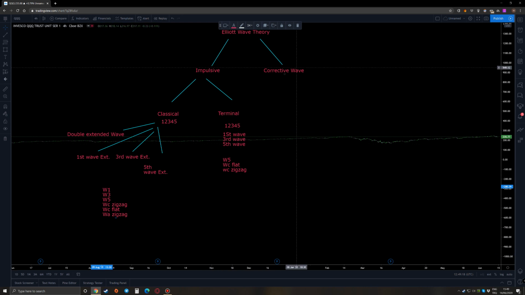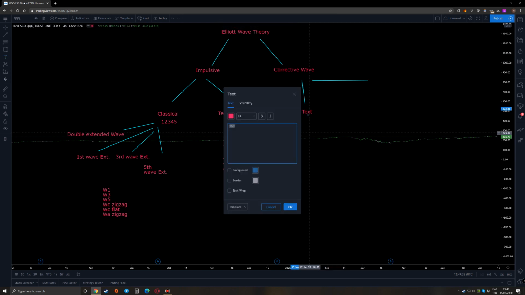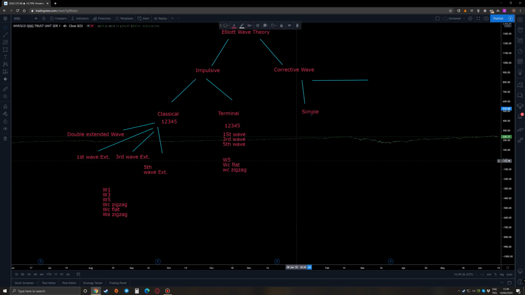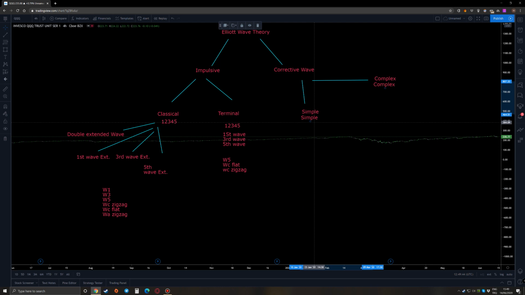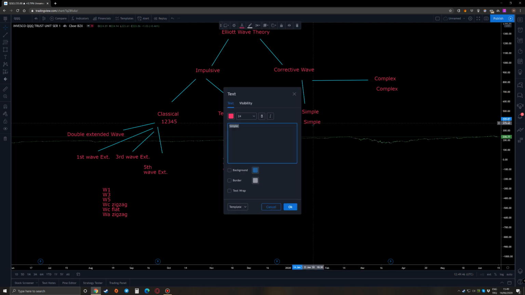So, what about a corrective wave? If you're in a corrective wave, the first question you have to ask yourself is, are you in a simple correction or a complex correction? Now, the simple corrections, I already showed them to you. So what were they? Well, it can be a flat, a zigzag, or a triangle.